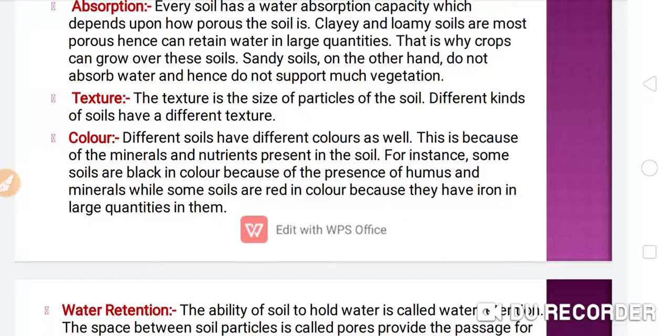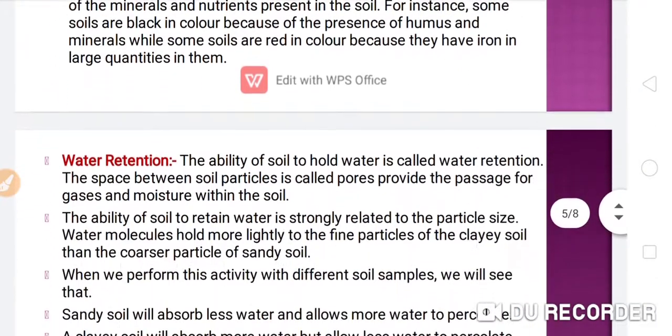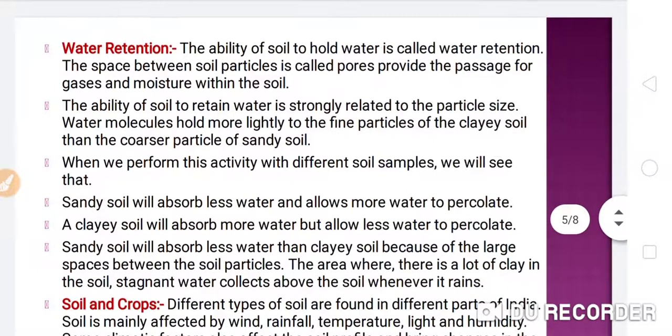For instance, some soils are black in color because of the presence of humus and minerals, while some soils are red in color because they have iron in large quantities. So here is the reason behind what is responsible for imparting the color of the soils.